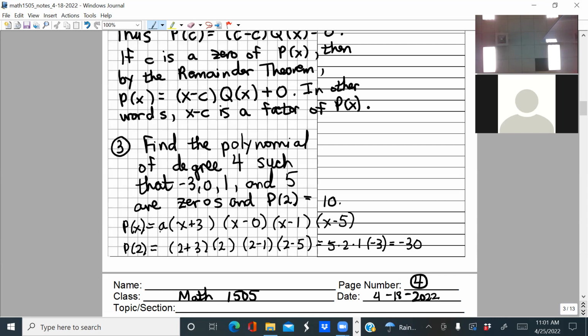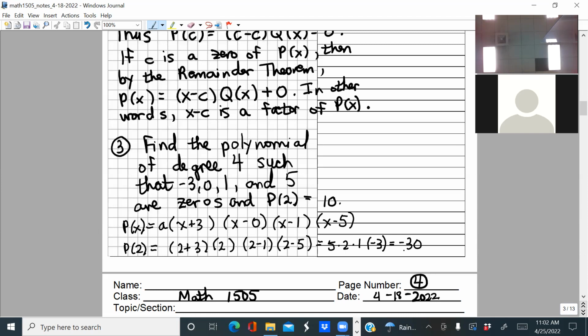It can't involve x, because then you would have 5th degree, but we can only have 4th. But we could have a constant multiplied in. So maybe in this factorization there's a constant in front. It could be 2 or minus 2 or some factor multiplied in here that would make P of 2 equal to 10 and not minus 30.